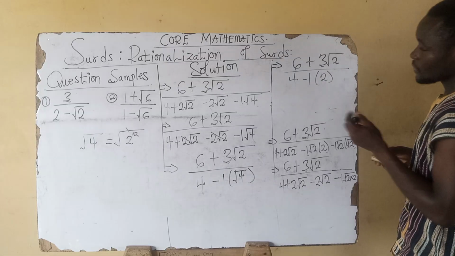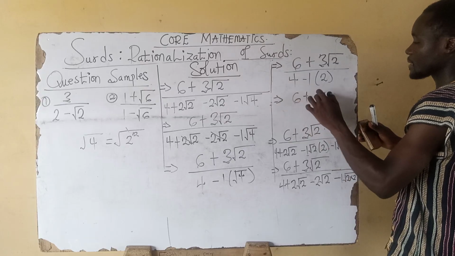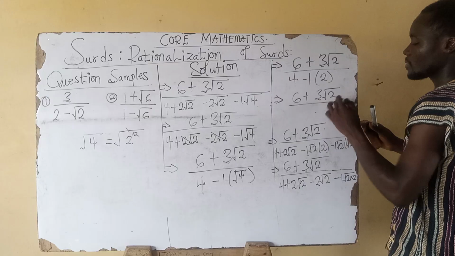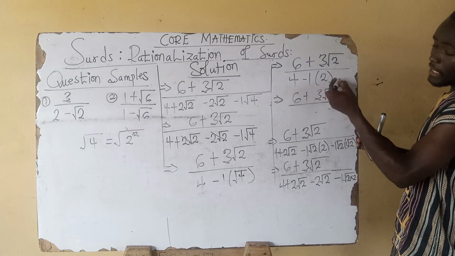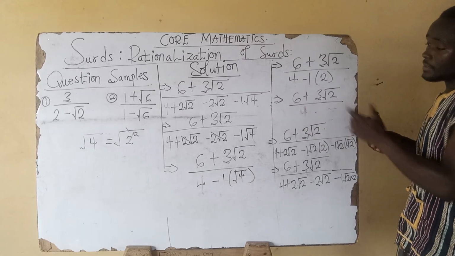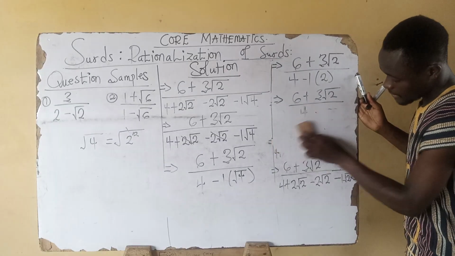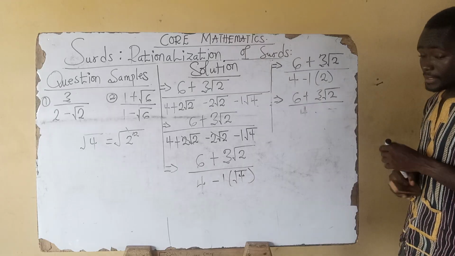Very good. So continuing with life, I now have 6 plus 3 roots of 2 all over. So this one I'll use to expand. So I'm going to get 4, and then the 1 is a whole number, so it will multiply that. Let me get rid of this so that I can get more space to continue with my process.